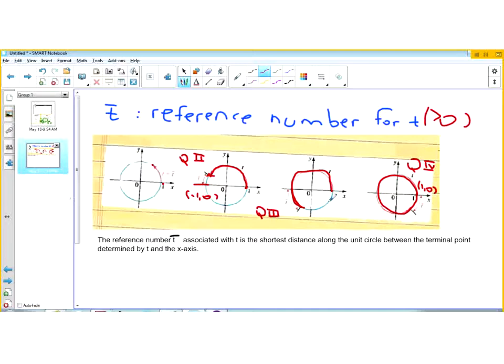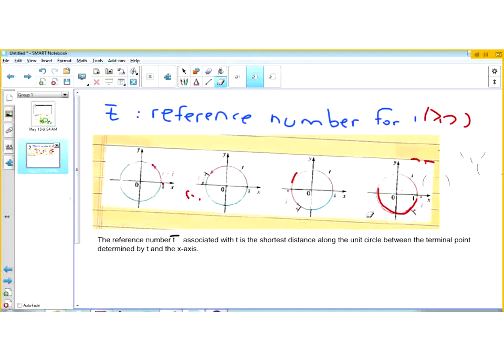All right, so we can calculate a couple of reference numbers. I'll give you some numbers. In the second illustration, suppose we take t, the terminal number, to be 5 pi over 6.